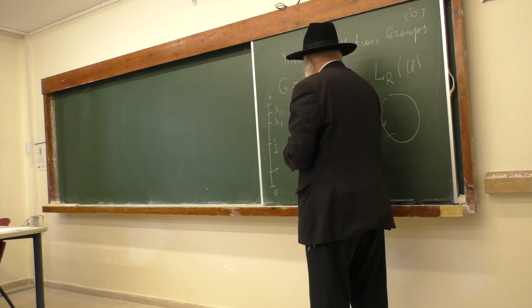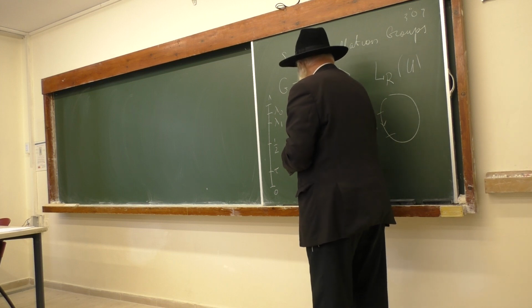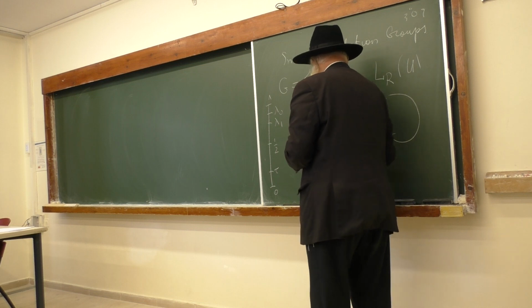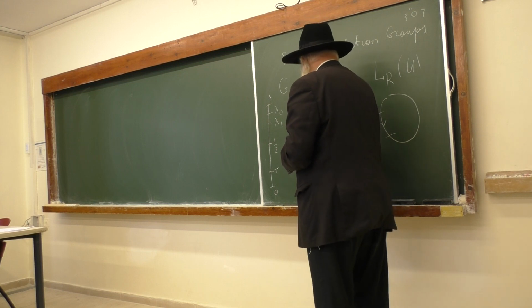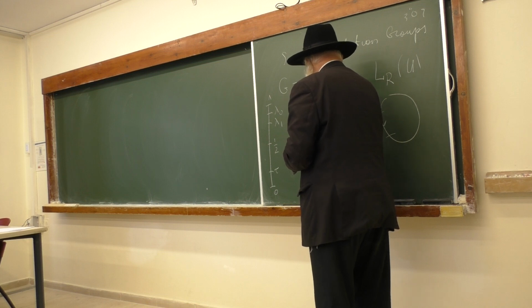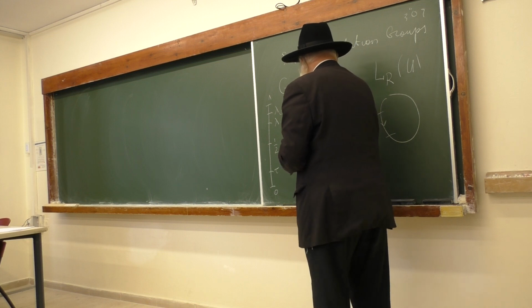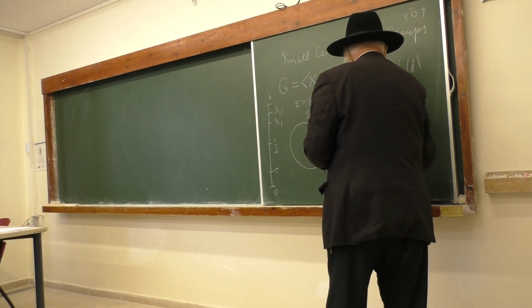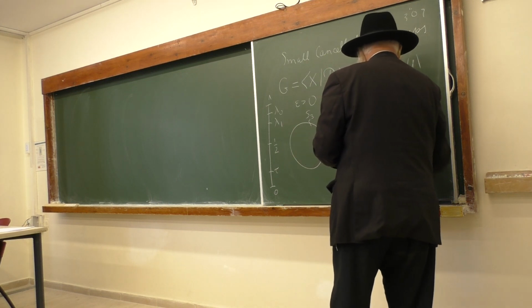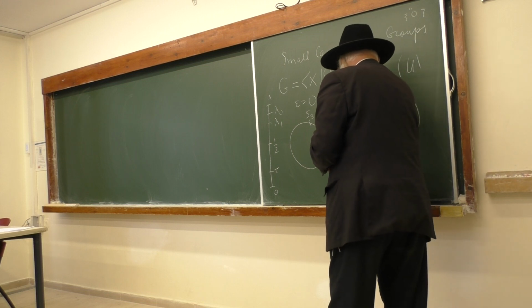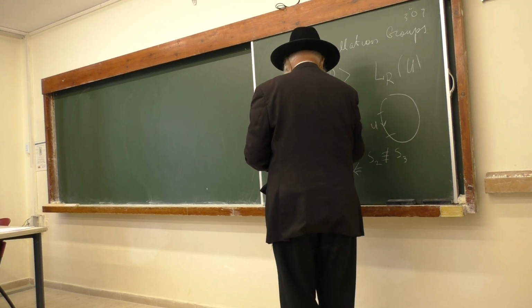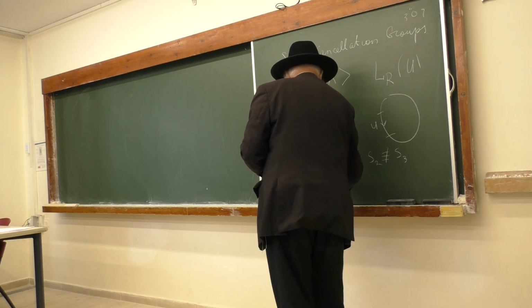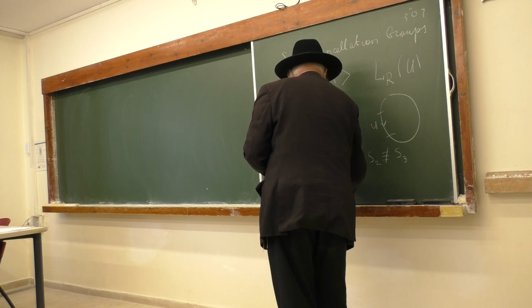The small cancellation condition means that if we have two relators which have a common piece, for example, let this be S1, S2, and S3. If S2 is not graphically equal to S3, then the measure in both of them of S1 is less than or equal to epsilon.